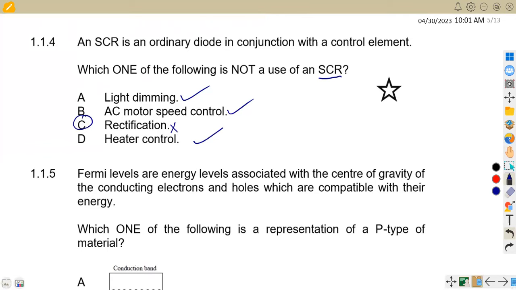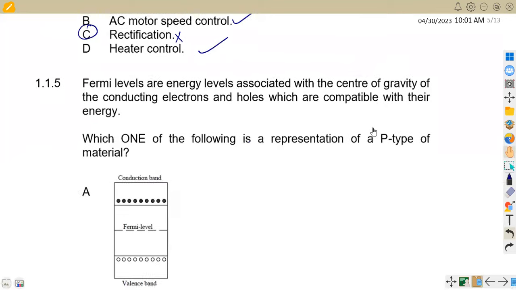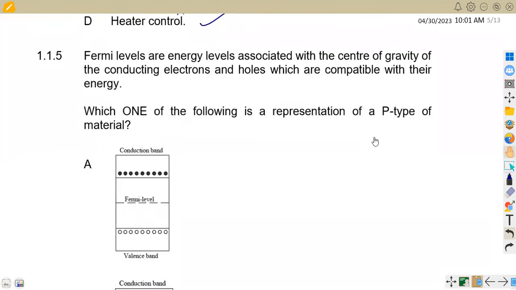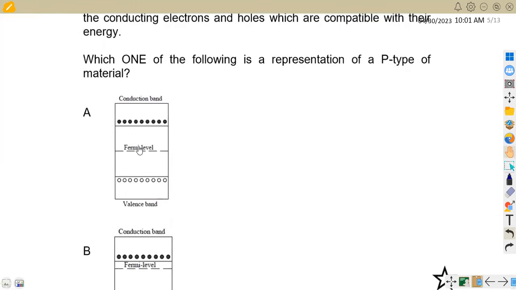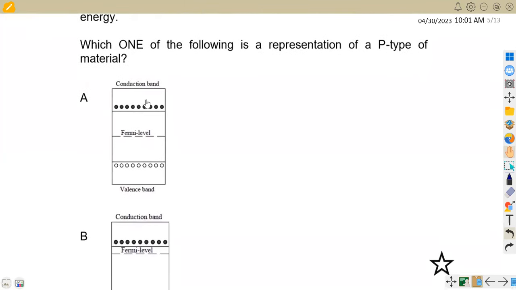Then we are given that Fermi levels are energy levels associated with the center of gravity of the conducting electrons and holes, which are compatible with their energy. Which one of the following is a representation of a p-type material? We've got our conduction band, then the Fermi level.